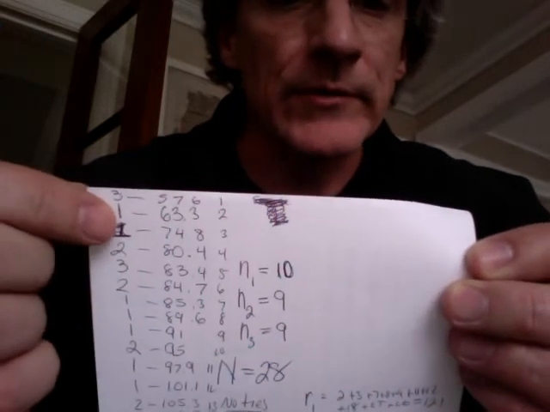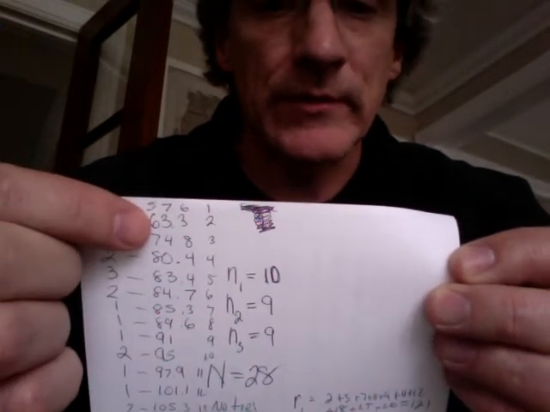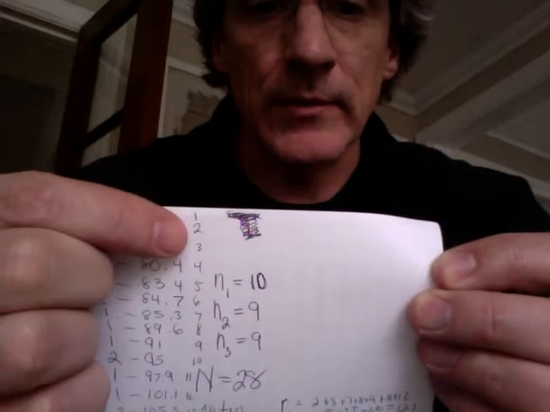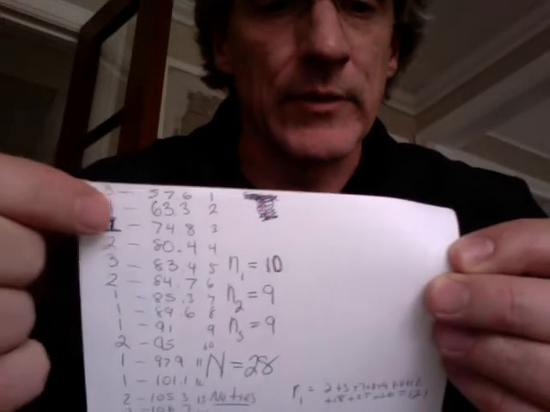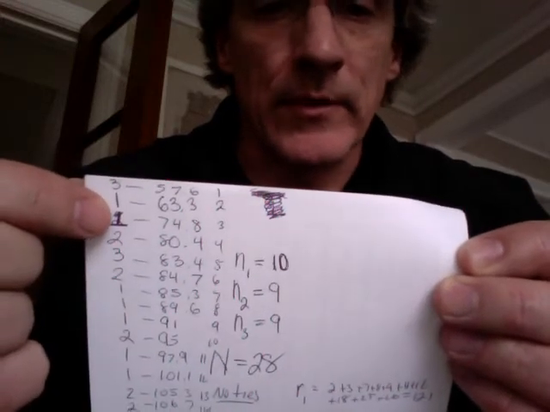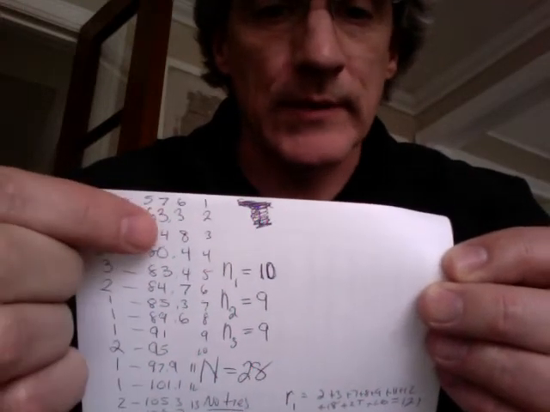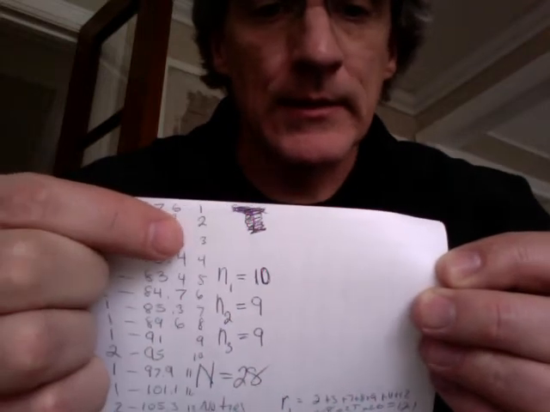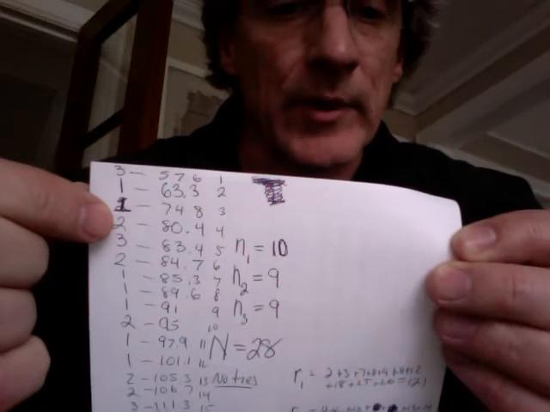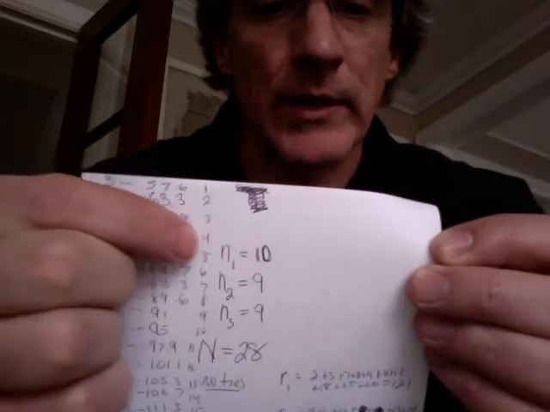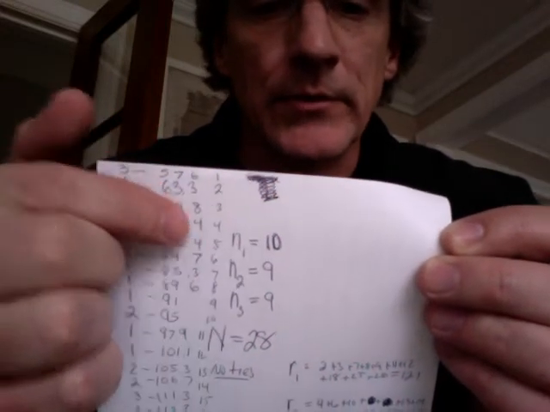From the first sample, I have 63.3, and it has rank 2 because it's the second lowest, forgive me. Then from sample 1, I have 74.8, and its rank is 3. From sample 2, I have 80.4, and its rank is 4. And you do that for all of the data.